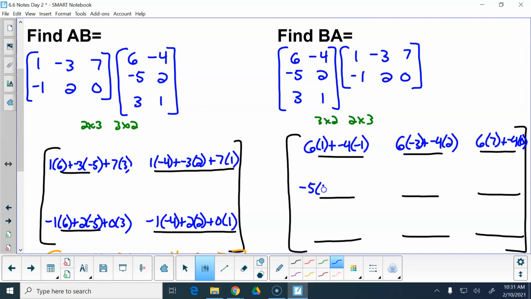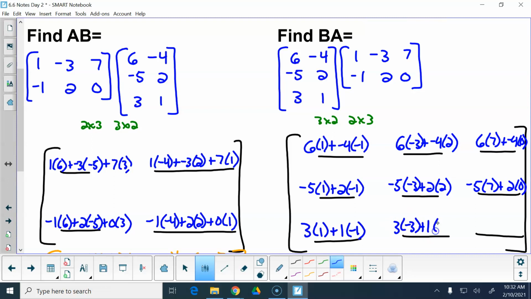Negative 5 times 1 plus 2 times negative 1. Negative 5 times negative 3 plus 2 times 2. Negative 5 times 7 plus 2 times 0. 3 times 1 plus 1 times negative 1. 3 times negative 3 plus 1 times 2. 3 times 7 plus 1 times 0.